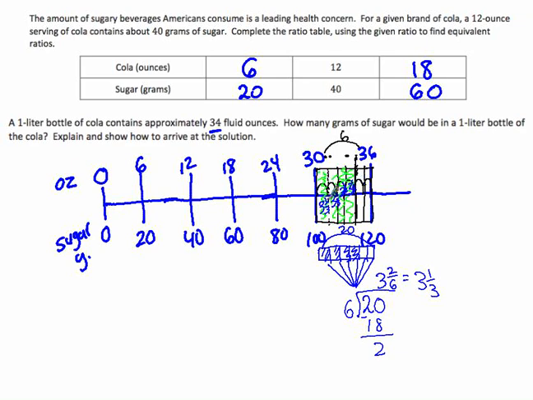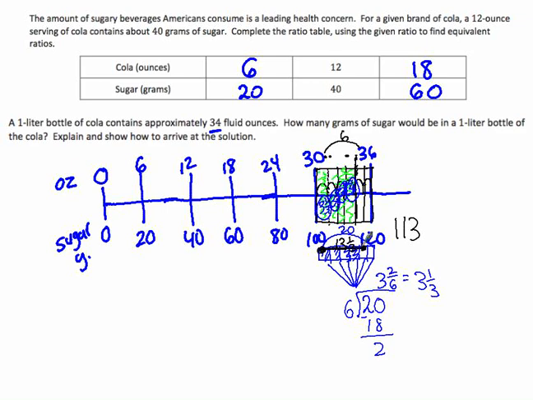So this would be 3 and 1/3, 6 and 2/3, 9 and 3/3, which would be 10, and then 13 and 1/3. So this distance over here would be 13 and 1/3. So our total distance, so the amount of sugar would be 113, because here's 100, and we're adding 13 and 1/3 more.